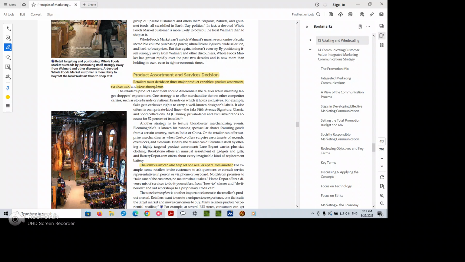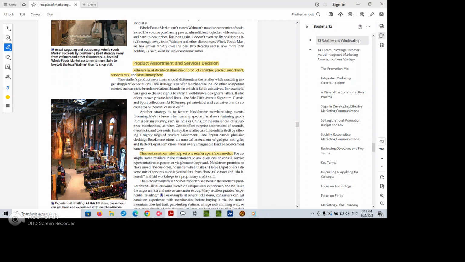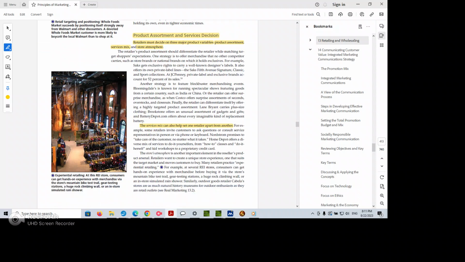Home Depot offers a diverse mix of services to do-it-yourselfers, from how-to classes and kid workshops to proprietary credit cards. Different things depending on the product.